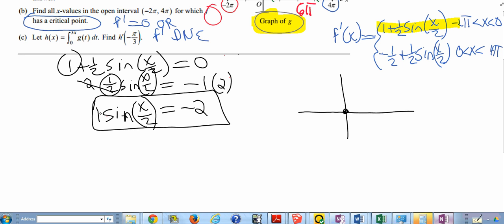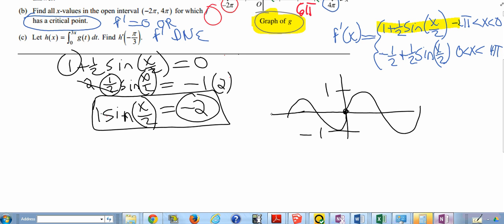So it's going to get as high as positive 1 and as low as negative 1. So will it ever hit negative 2? And the answer is no. It will not hit negative 2. So we don't really have any critical values. And going back in that direction, forever it'll never hit negative 2. So there's no critical points in that spot.